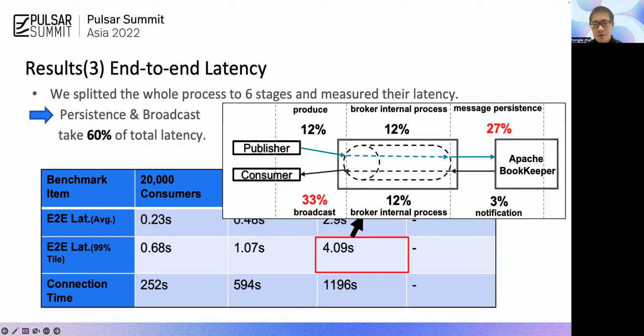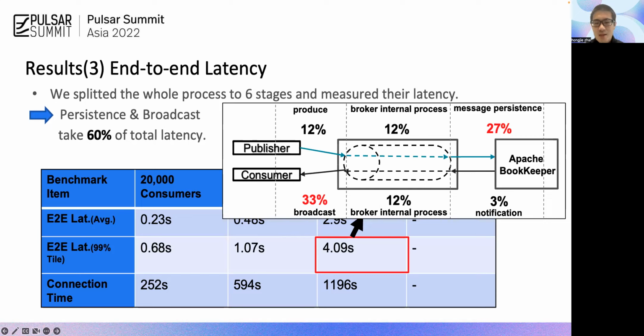Now, after the persistence, the broker will receive an update notification from the bookkeeper, and this is the notification stage. Then the broker prepares the message for consuming, and this is a broker internal process. And finally, it will broadcast the messages to all the consumers.